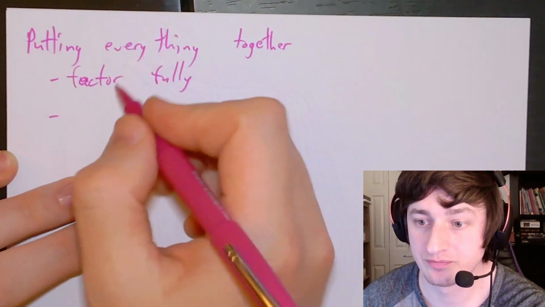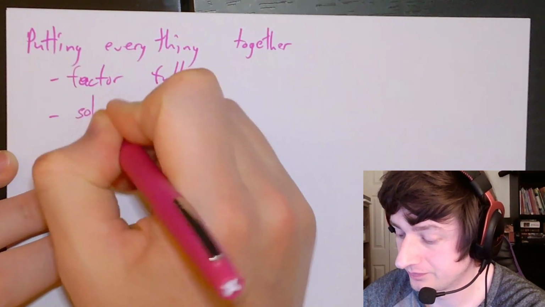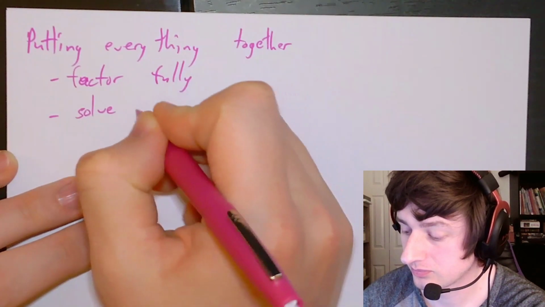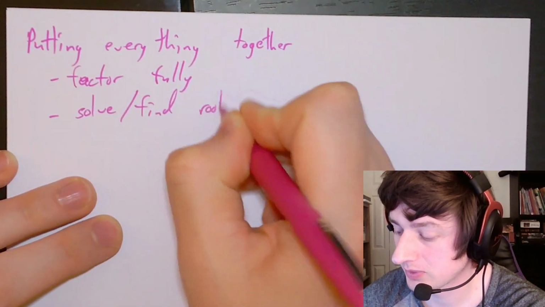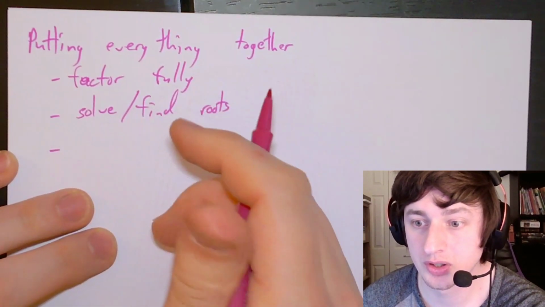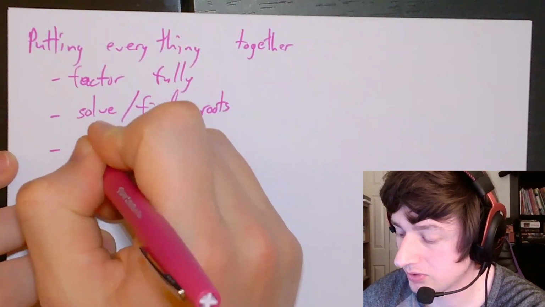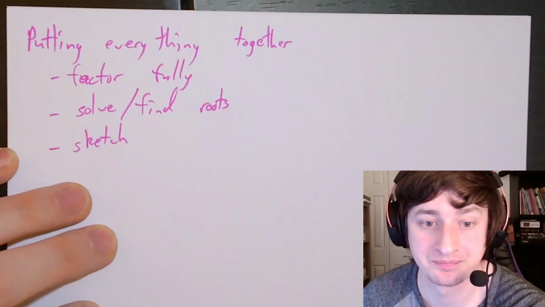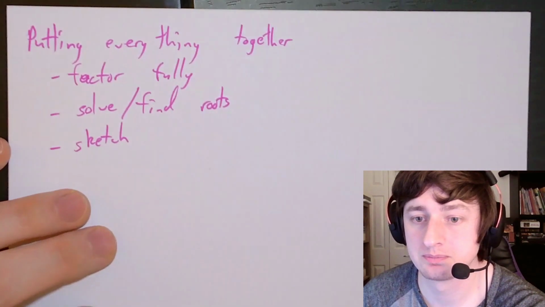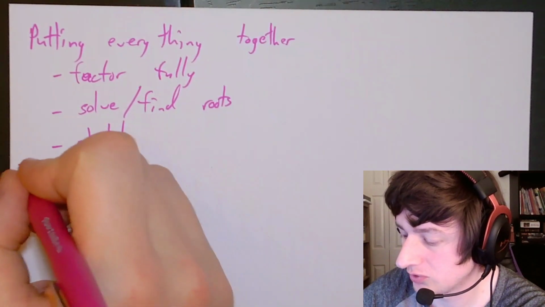We're going to solve. This is finding the roots. And then we're going to sketch. And so that involves end behavior and multiplicity, possibly. Okay. So that's what we're doing.